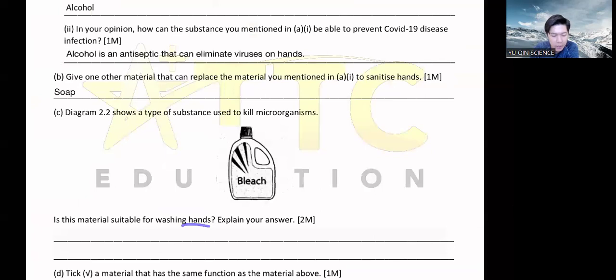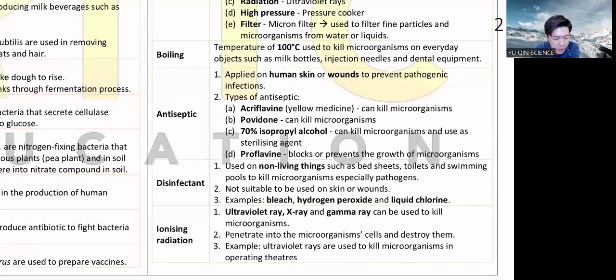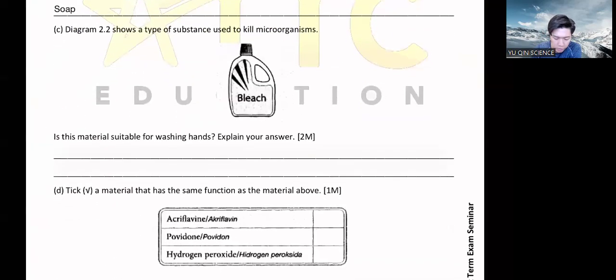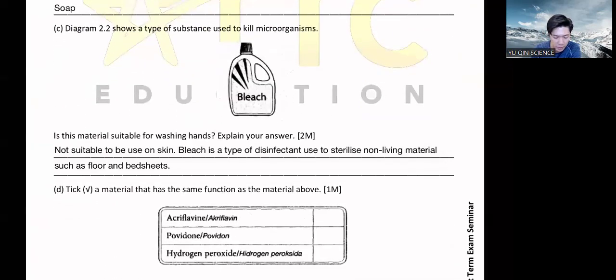Can you use it for hands? That would be the last time you wash your hand, I guess. So no, obviously. Disinfectant is not for skin, it's for non-living things. So not suitable. First mark, because it's a disinfectant, it's not for non-living material.